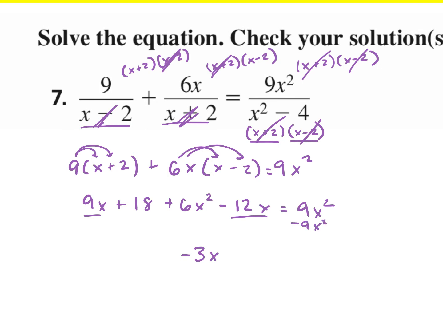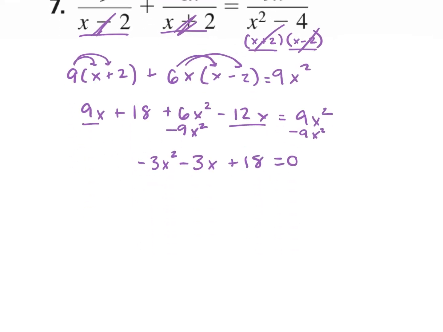Subtract 9x squared. So this gives us negative 3x squared, and then plus 18. I can divide everything by negative 3. So this is x squared plus x minus 6 is equal to 0.